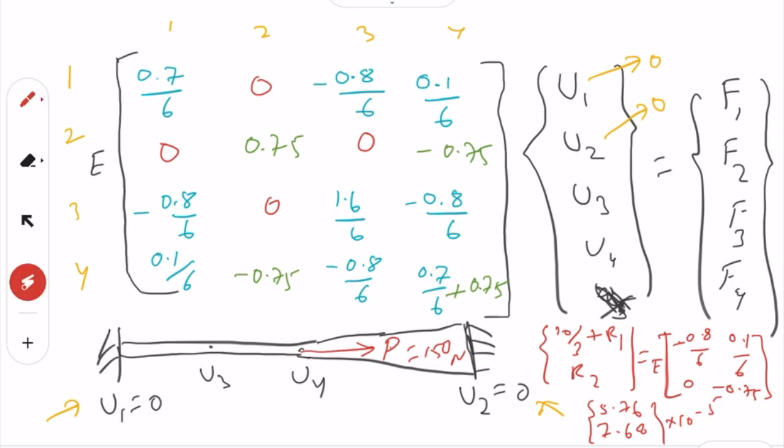So this is how we can find out r2. By solving this problem, we put e here, and this will give you r1 and r2. From here we can get r1 and r2.